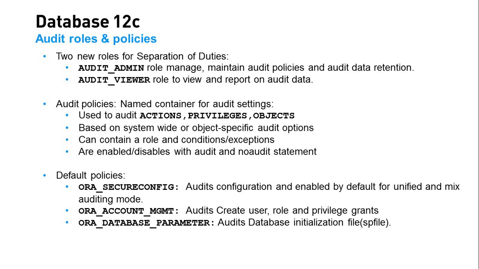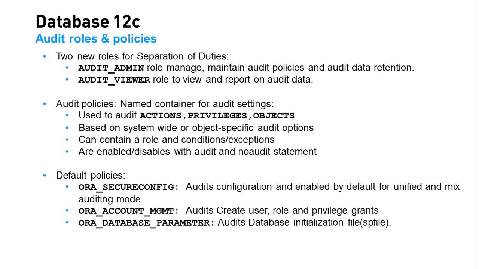The idea to introduce these roles is to provide separation of duty from traditional DBA functions. With database 12c, these two new roles are not granted to the DBA role. The DBA is not able to alter any audit collections or configuration, and the audited data can only be managed using the built-in DBMS audit management package, as I mentioned.